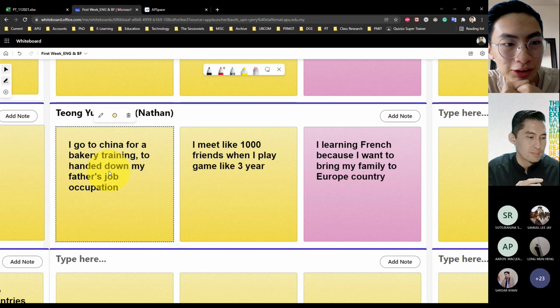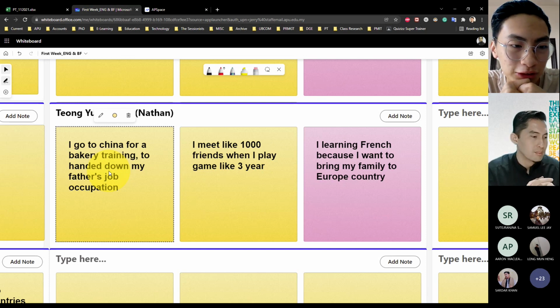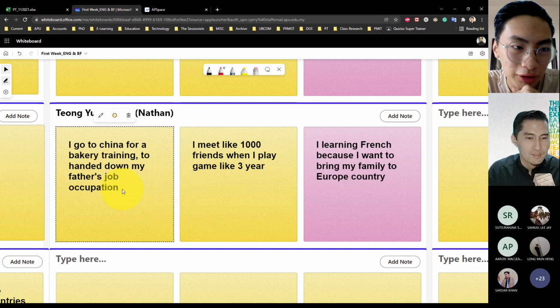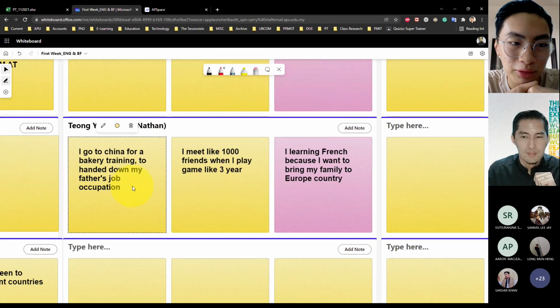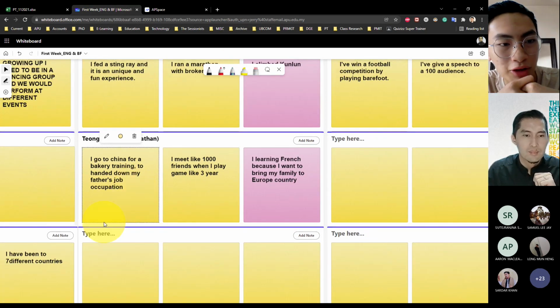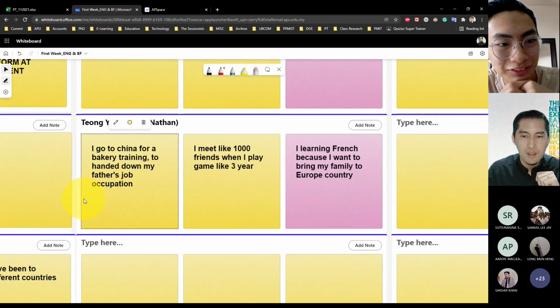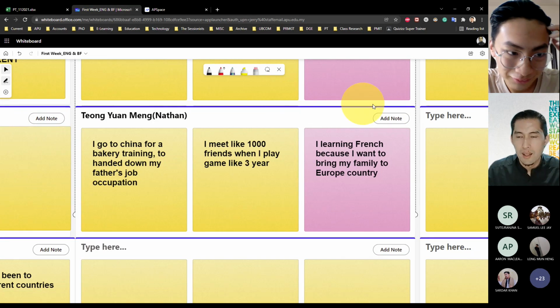So I just go through my foundation first, and then as an interest I can bake in my house. All right, very good.